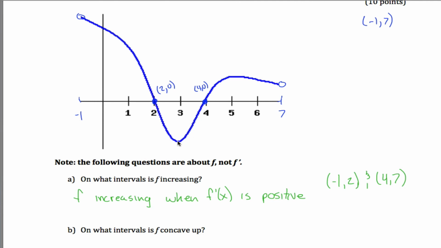I'm going to call this guy right here the x-coordinate 3 and the y-coordinate is negative 2. And this point right here, the x-coordinate is 5 and the y-coordinate is 1. I think with those points labeled, it'll be easier to answer all the questions. So this is my answer to the first question. That remains true.